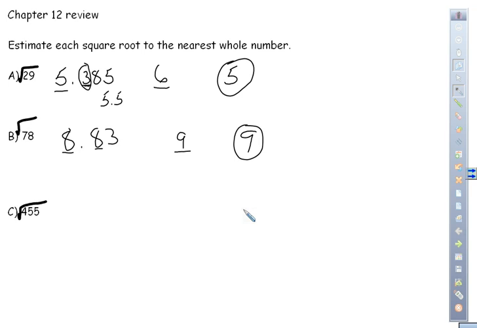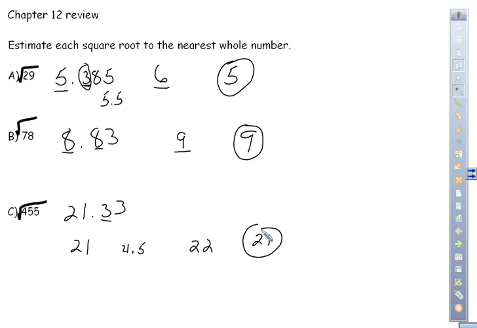For 455, the square root of that is 21.33. So again, whether it's between 21 or 22, and since it's 0.3, it is less than halfway, which would be 21.5. Therefore, it is closer to 21, so that is my answer.